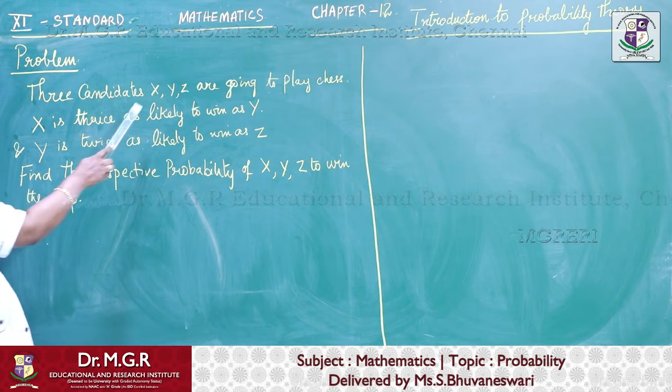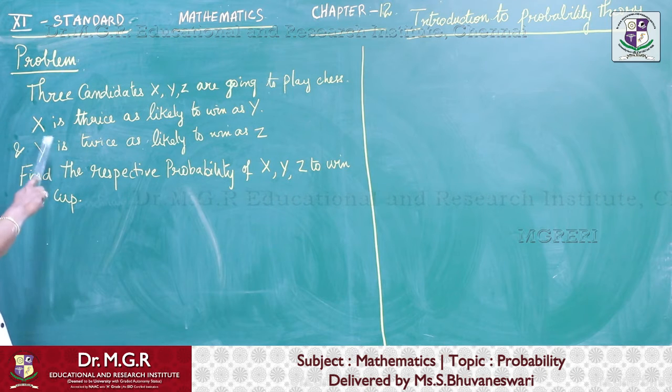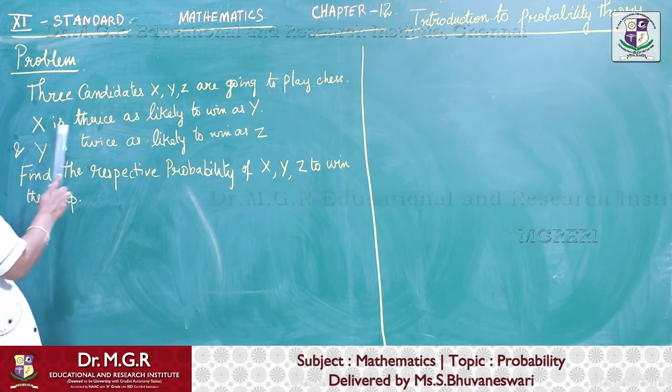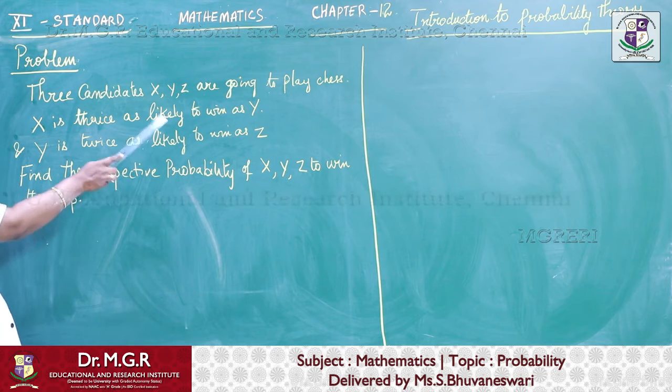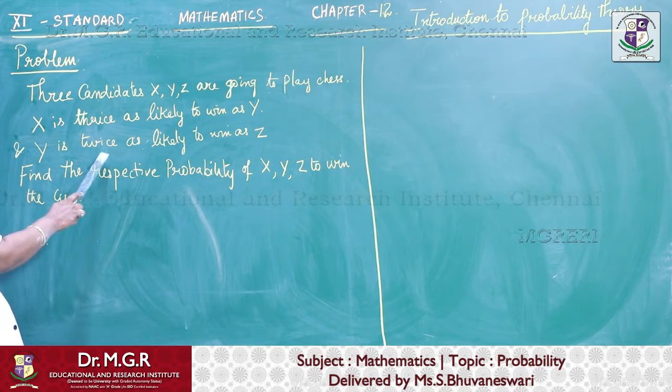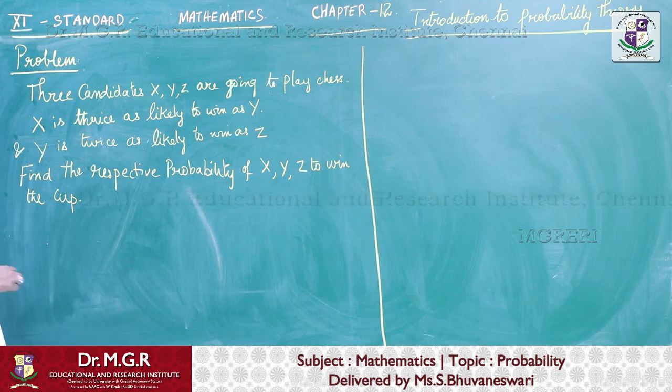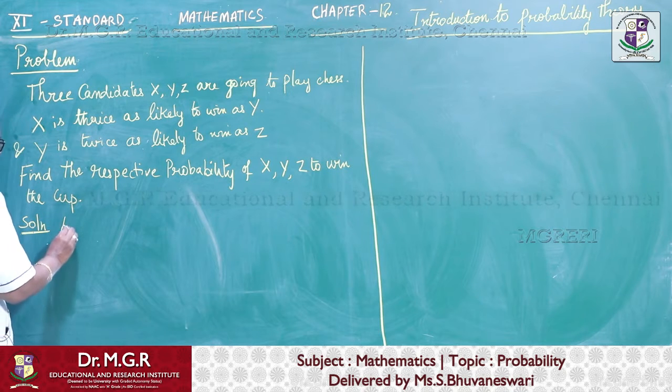So, how many candidates in total? X, Y, Z. These are the constraints given to us. X wins 3 times as much as Y, and Y wins 2 times as much as Z. Let us formulate the steps. We first have to define the events.